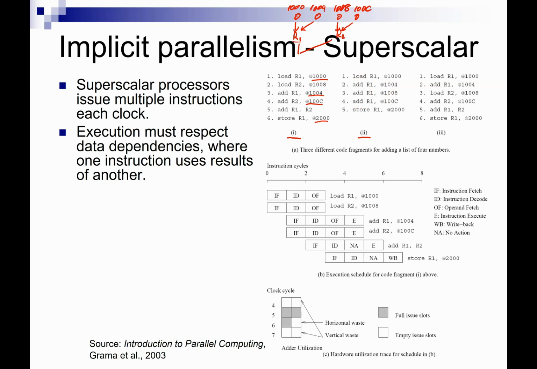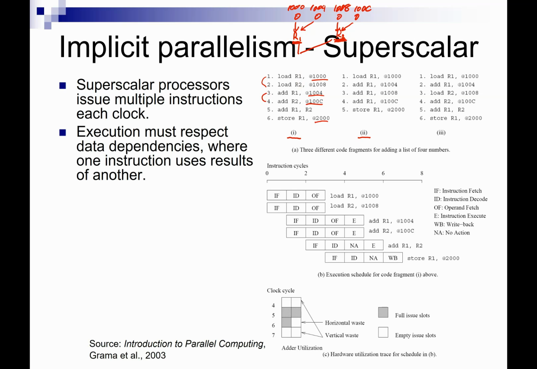Now, on the other hand, if you look at the first piece of code, we actually have a lot of independent instructions. For example, instructions 1 and 2 are independent from each other, because it doesn't matter whether we do R1 first or R2 first. They don't affect each other. And also instructions 3 and 4 are independent from each other, because instruction 3 is doing this addition over here, and instruction 4 is doing this addition over here, and these two additions are also independent from each other.